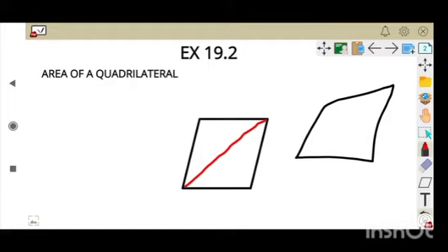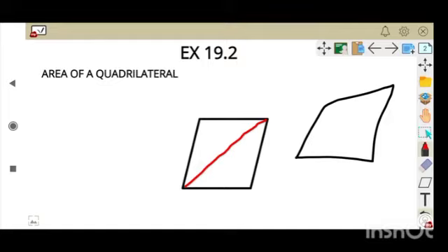If I know how to find the area of the triangles, then definitely I can find the area of the quadrilateral. So before coming to this, let us see how to find the area of a triangle. Why do we need to know this?